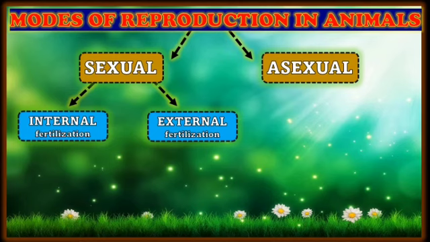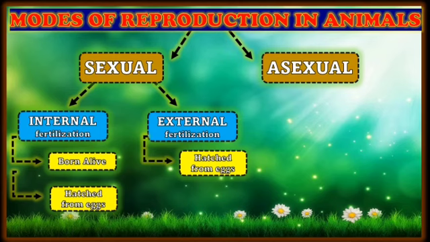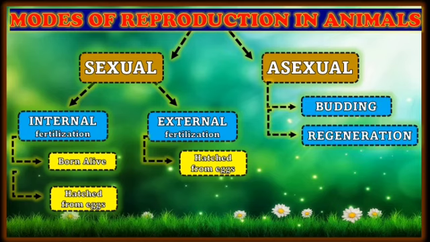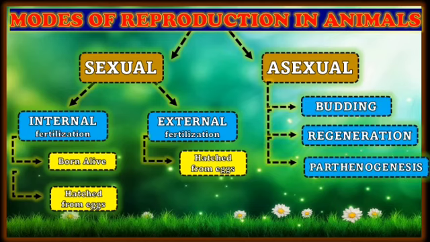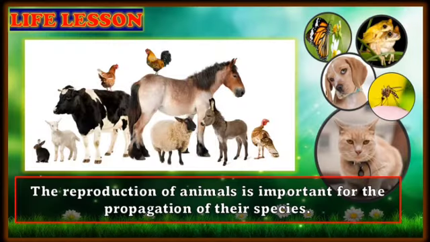Under internal fertilization, we have born alive and hatch from eggs, while in external fertilization, it only hatches from eggs. In asexual reproduction, we have three processes on how it reproduces. We have budding, regeneration, and parthenogenesis. So, the reproduction of animals is important for the propagation of their species.